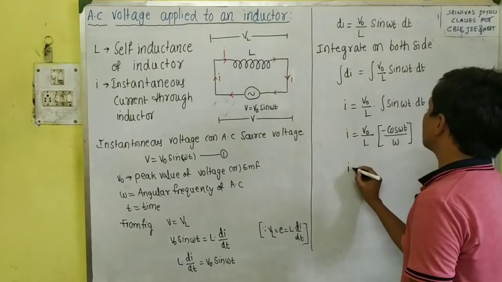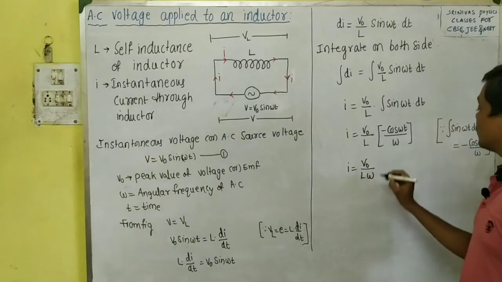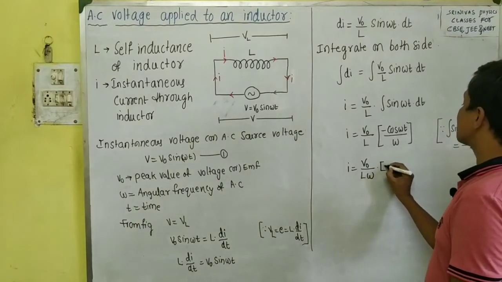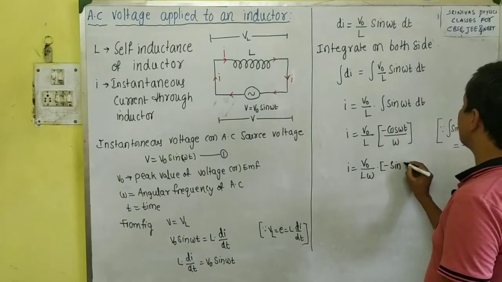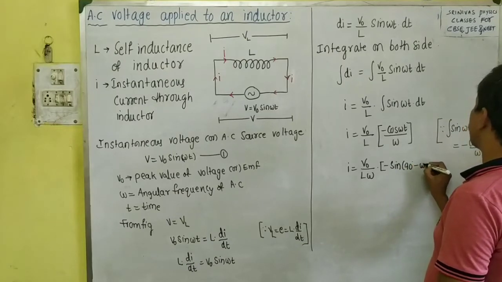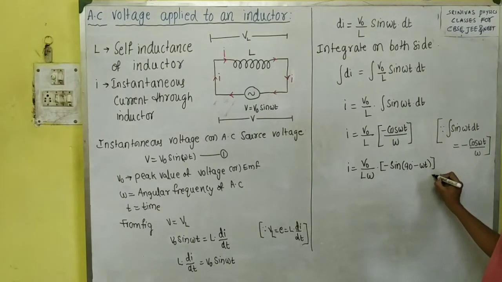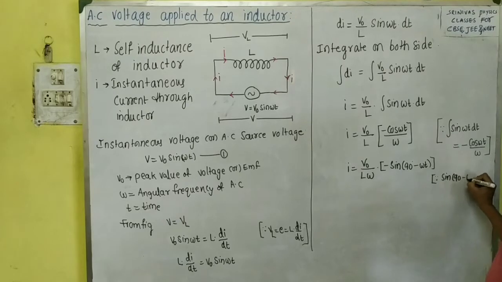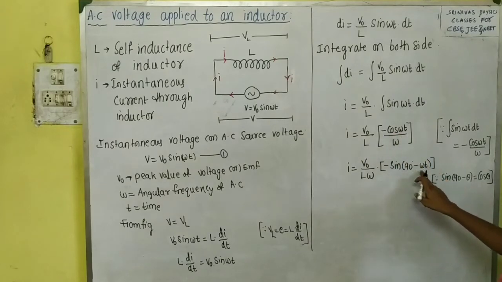Here we write I is equal to V0 by L omega into minus cos omega t. This minus cos omega t we write as sin of 90 minus omega t, because we know that sin of 90 minus theta is cos theta. According to that, cos omega t we write as sin of 90 minus theta.